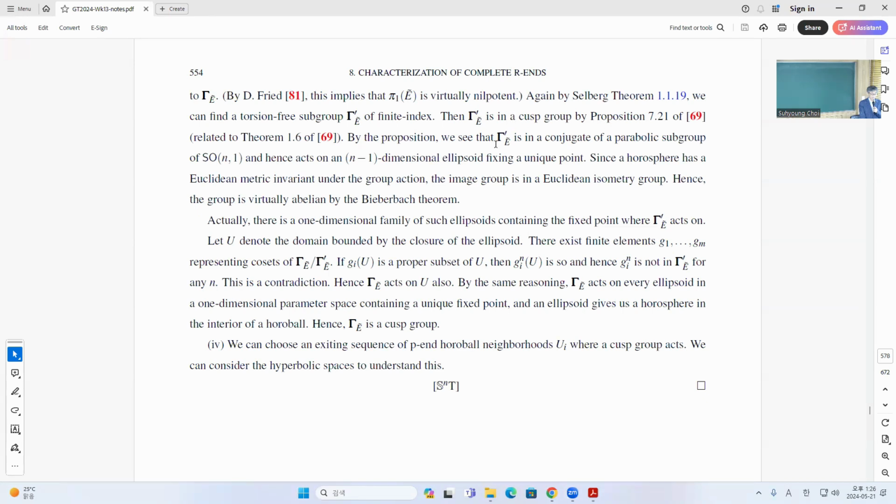Then you use 7.21 of Marquis, and then this is actually a cost group. So there's some theory behind these kinds of cases, and then it's conjugate to elements in S also. That's how we're working here.